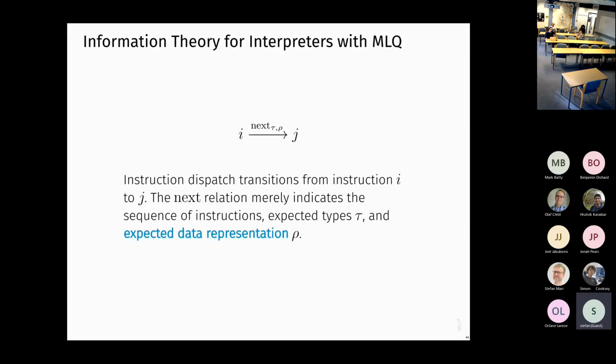And then if you go to MLQ, you enhance this information that is piggybacked onto the next relation by not only encoding what instruction is next, but also the expected types and the data representation. So it tells you exactly that the top of stack element is a uint64, or any other type that you designate. But this is already encoded or overloaded through this next relation.